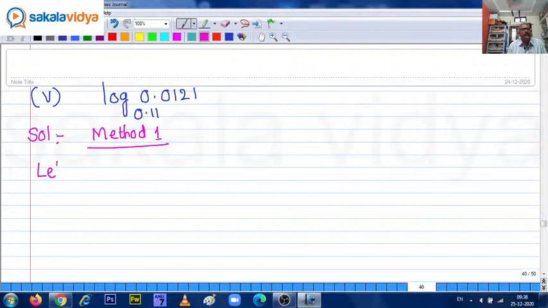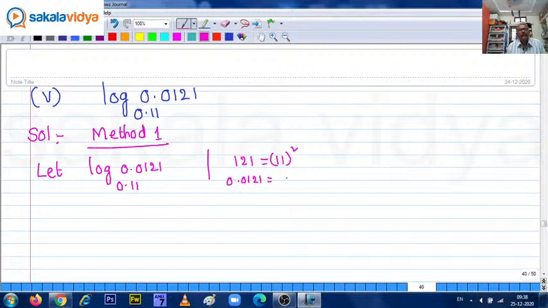Let us say log of 0.0121 to the base 0.11. See, this 121 is nothing but 11 square, 11 into 11. So 0.0121 is nothing but 0.11 square. Okay, let us say this is x.